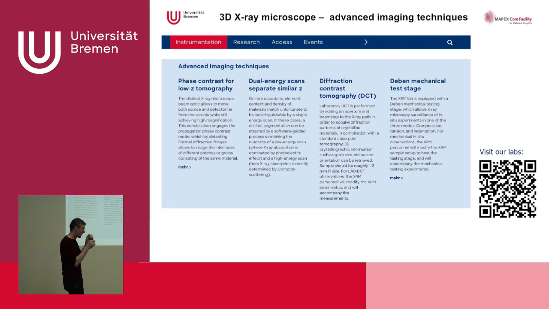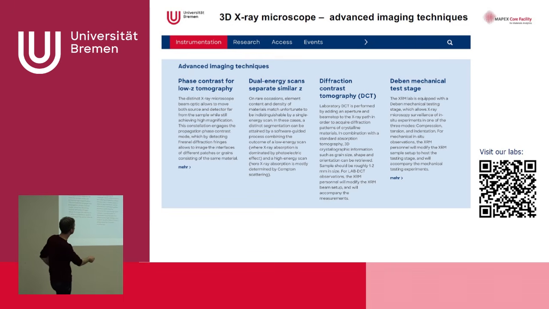So you can make this more visible by using this special technique where you use the birefringence in the sample to get better grain boundaries or parts boundaries. I can show you that in the lab. We have a poster on that. I will not show it here, but we have different kinds of special things.